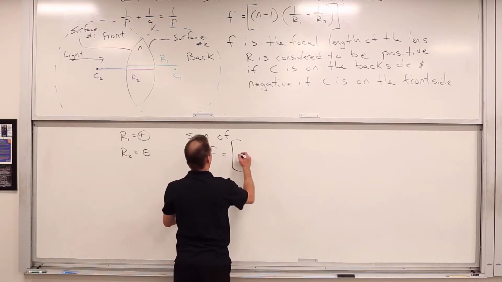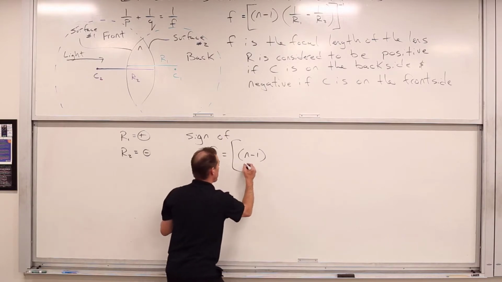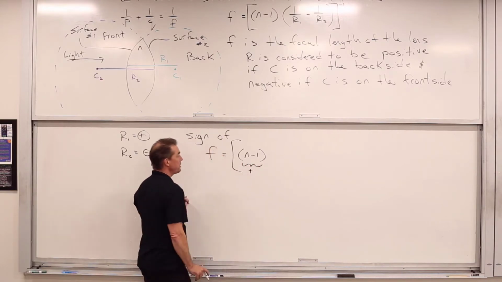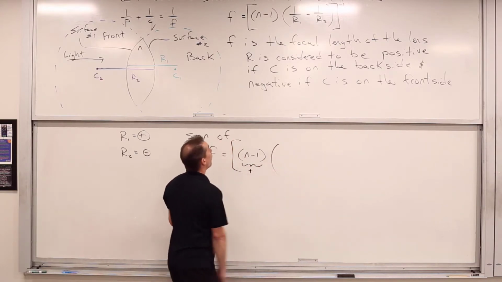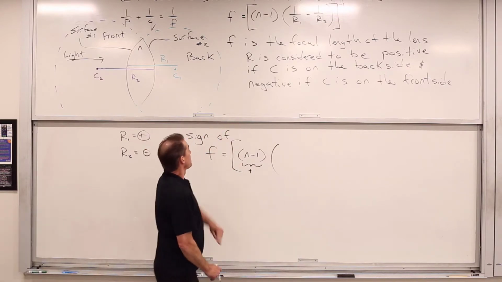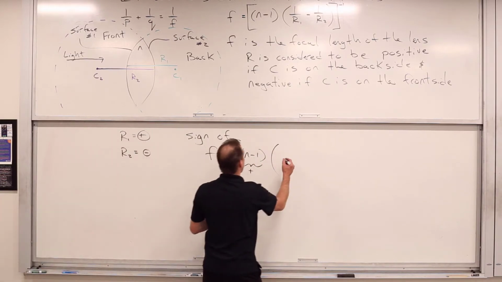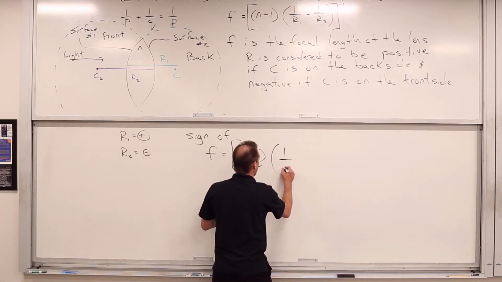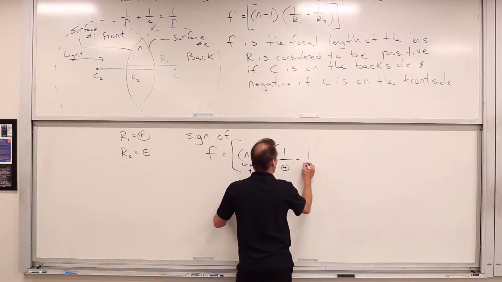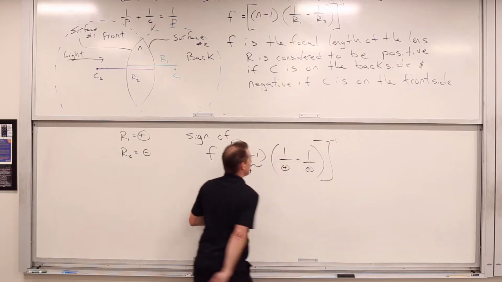So we would have some n minus 1, n is going to be greater than 1, so this quantity here is going to be plus. And then we have a 1 over R1 minus 1 over R2. R1 is going to be positive, and R2 is going to be negative. So what we end up getting is 1 over plus minus 1 over minus, and then to the negative 1.